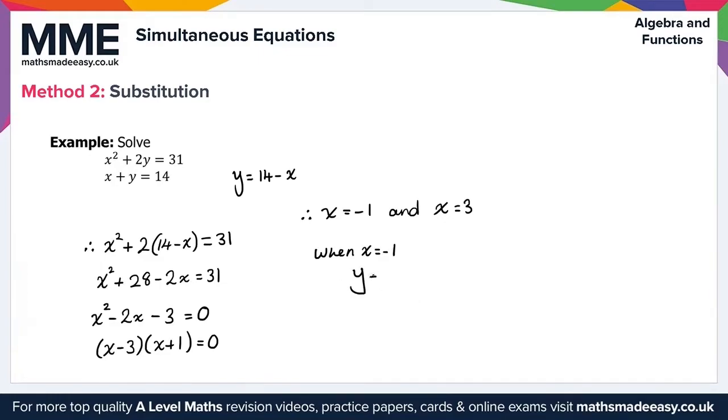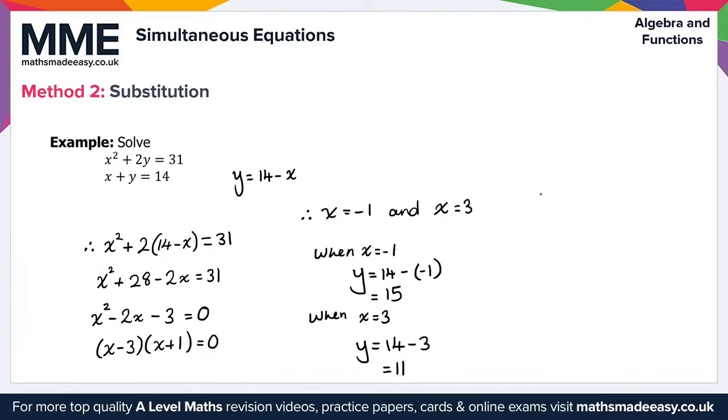So y is simply 14 minus minus 1 here, which gives us 15 when x is minus 1. And then repeating this now when x is 3, what we obtain here is y equals, again, 14 minus our x value, which is 3. So 14 minus 3, giving us 11 there.